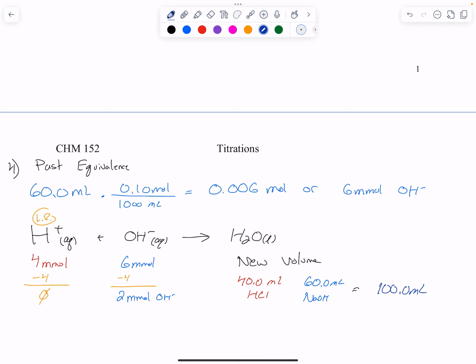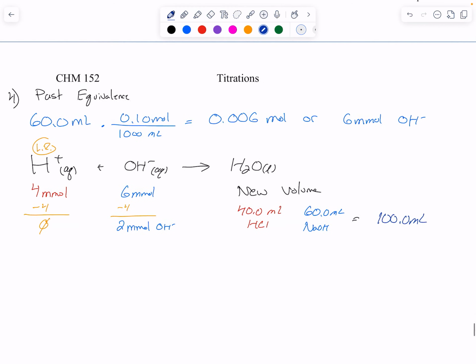We have 2 millimoles, so our concentration of hydroxide will be our 2 millimoles over our 100 milliliters. So that means we have 0.02.